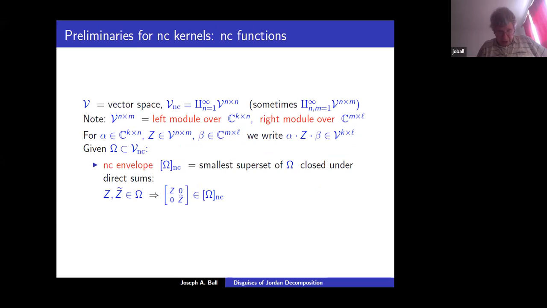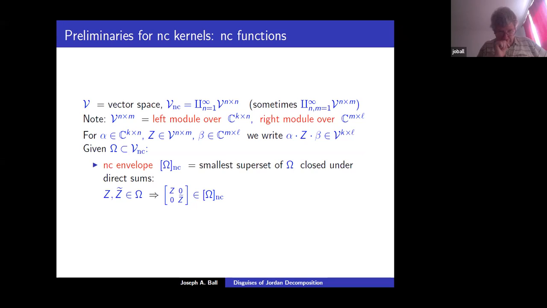So the setting is V is a vector space, and then the quantization is to look at square matrices of all possible sizes over this vector space. Sometimes non-square sizes.